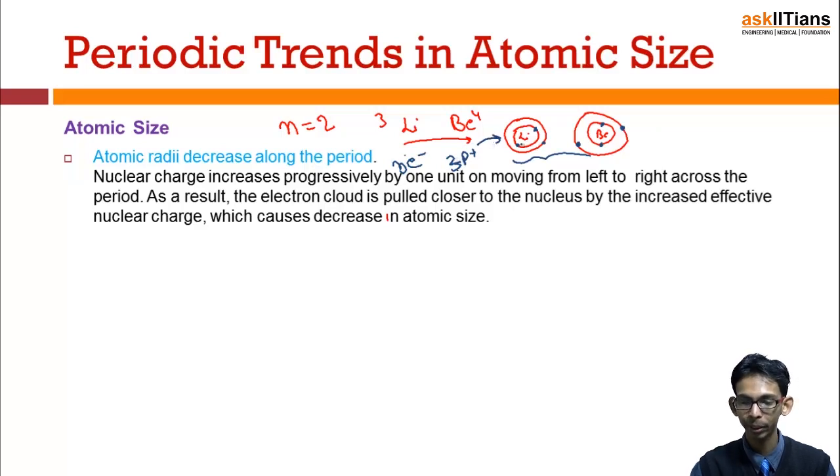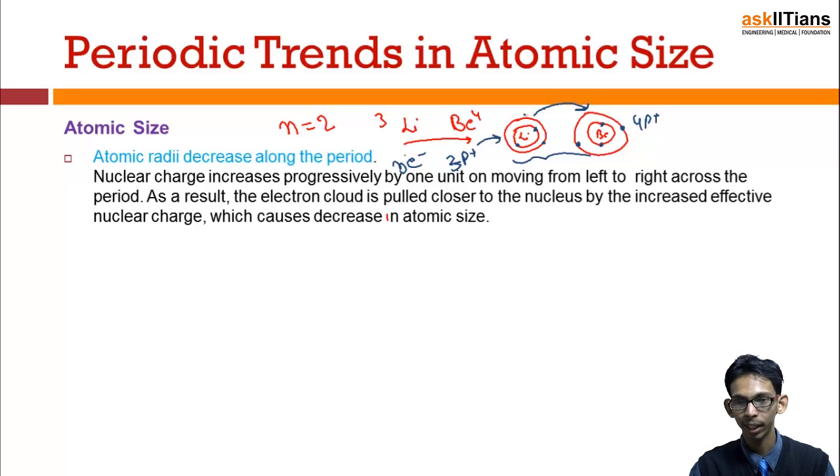These 3 protons were present in the nucleus, and these 3 electrons were present in the 2 orbitals. So the protons present in the nucleus are attracting the electrons present in the orbitals. As we move to beryllium, again there are only 2 shells, but there are now 4 protons present in the nucleus.